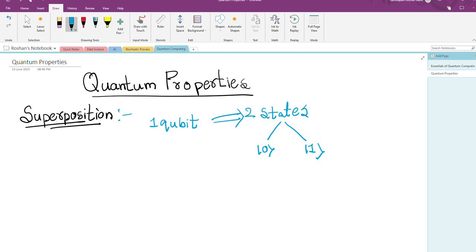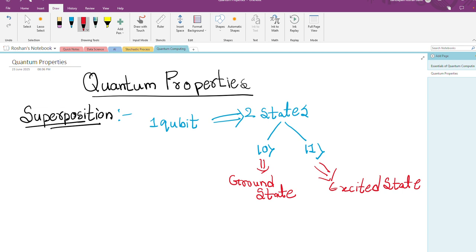And also remember, 0 state is called the ground state. What is it called? Ground state. And 1 is called the excited state. In other words, we can simply call them down state and up state. Okay, remember these things.